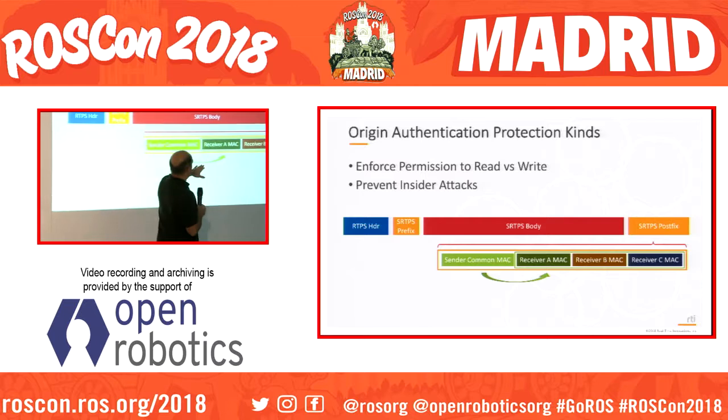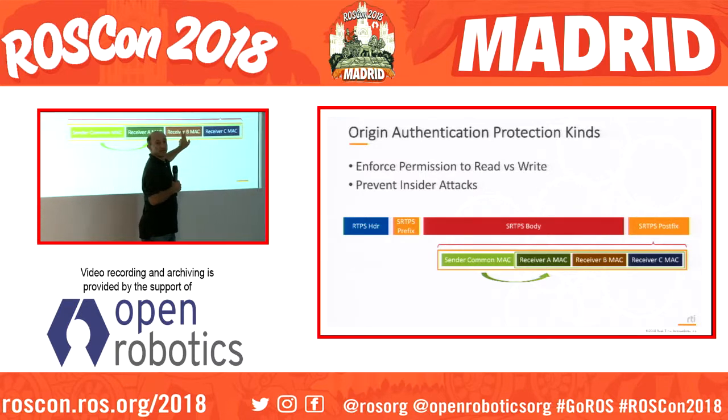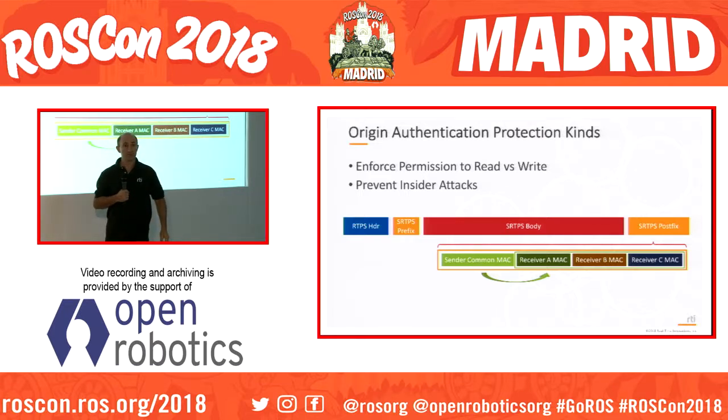So the receiver A will be looking for this signature, and the receiver B will be looking for this signature, and the receiver C will be looking for that signature. So then it's impossible, so if I'm receiver 3 and I'm looking for this signature, nobody else other than the sender could actually put that signature because the sender only shared that secret key with the receiver 3, right? That's why it had to share different keys with each one of the receivers.